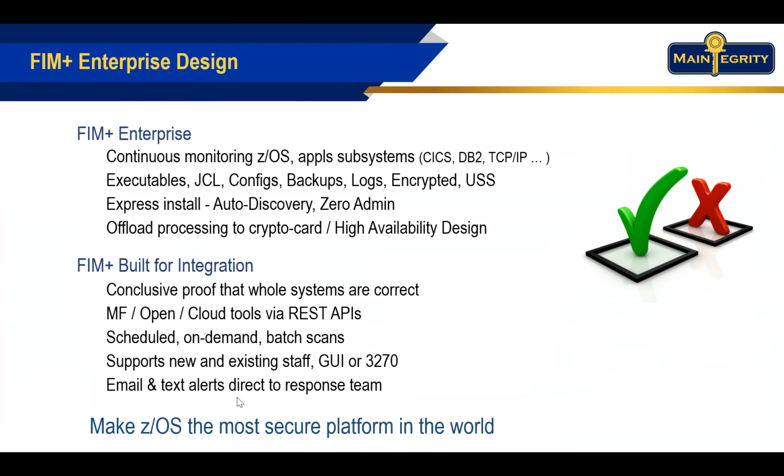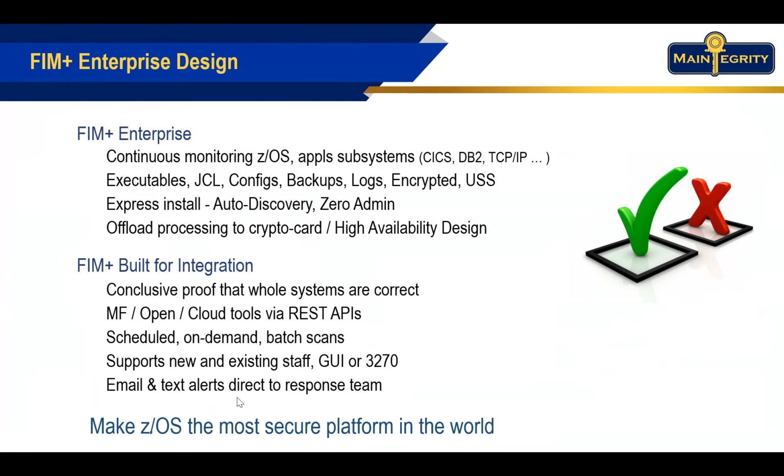Executables, JCL, configuration members, backups, even encrypted files can be hashed and checksummed without actually having to unencrypt. So we can have a baseline established for those. USS is another point of vulnerability.